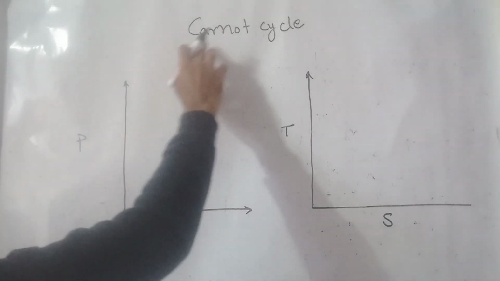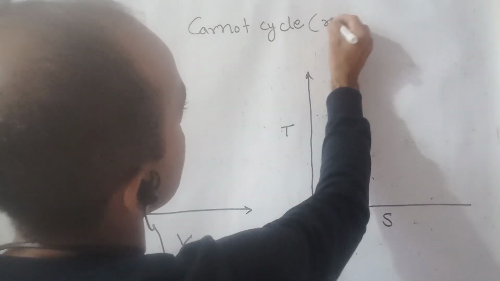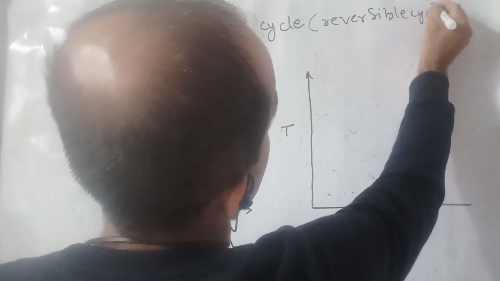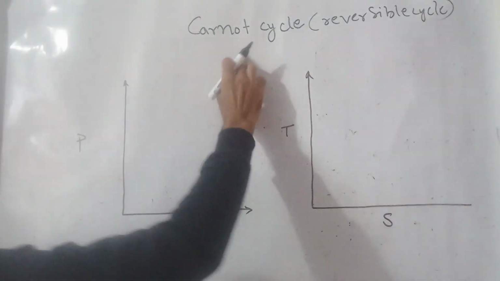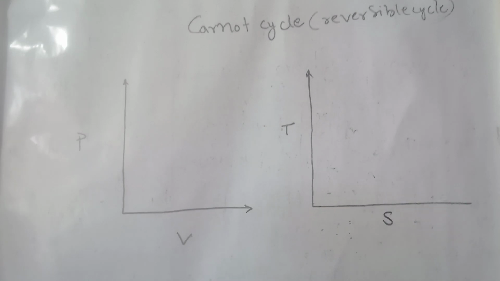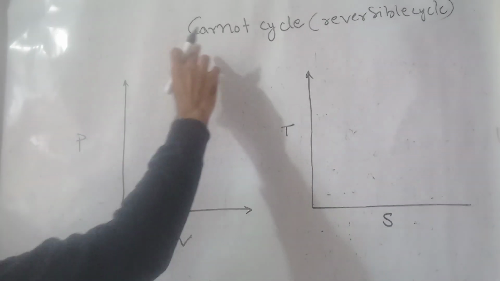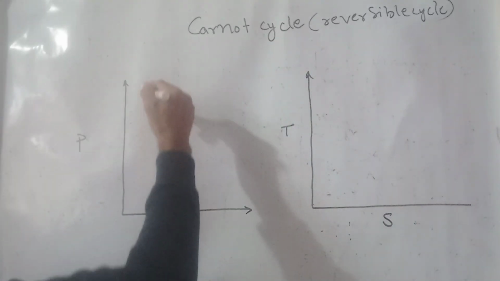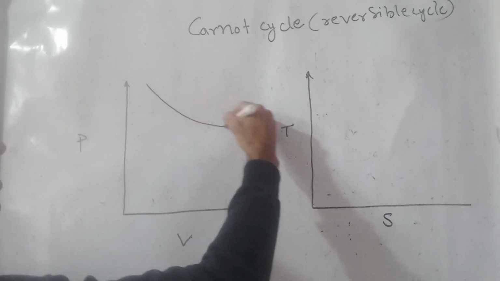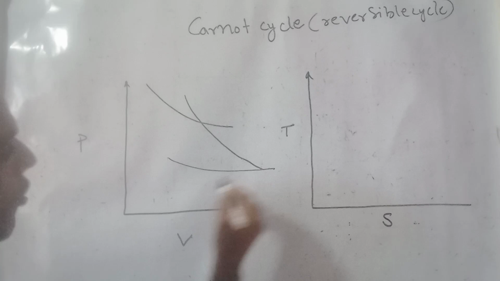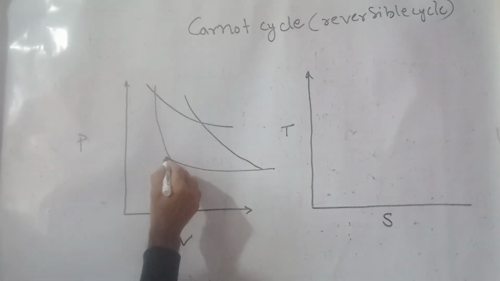Since the Carnot cycle is a reversible cycle, all the processes under the Carnot cycle will be reversible processes. Since this cycle consists of 4 processes, this is process 1, this is process 2, this is process 3, and this is process 4.